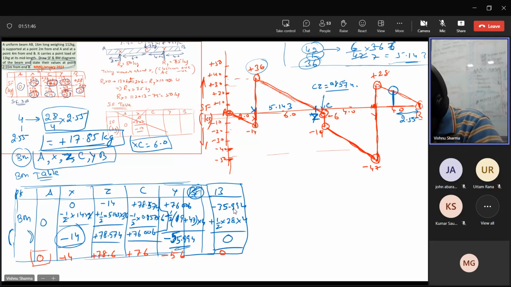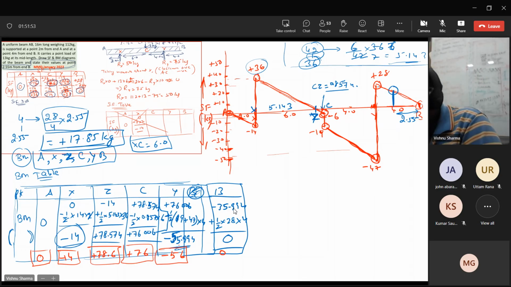These are the values of the bending moment, guys. Am I right? Yes, sir. If you've got these values, fantastic. That means you are good up to the BM table. Then you're just one step short, that is the diagram of the question.